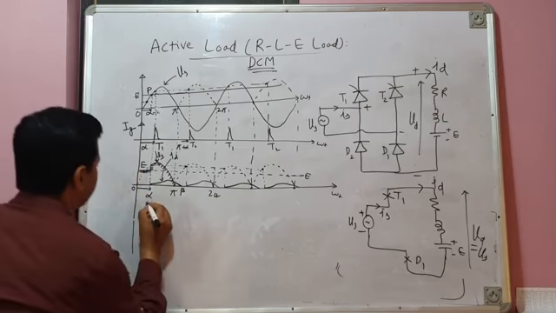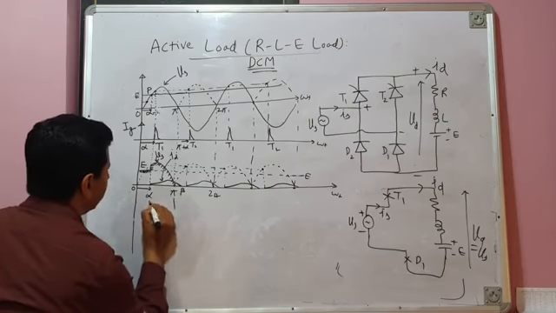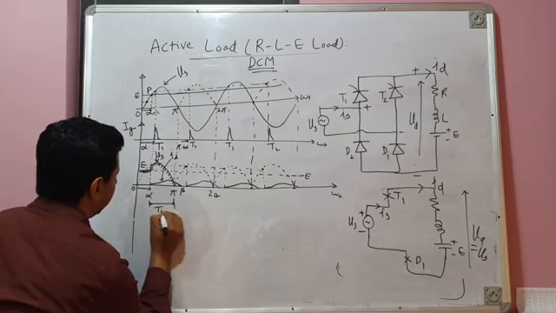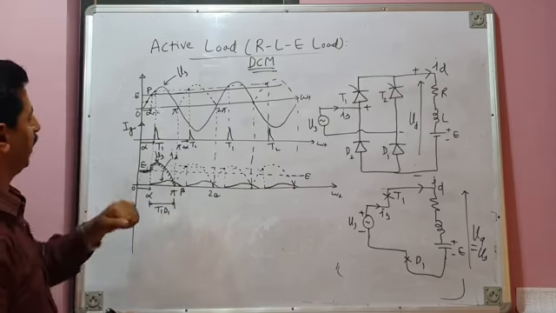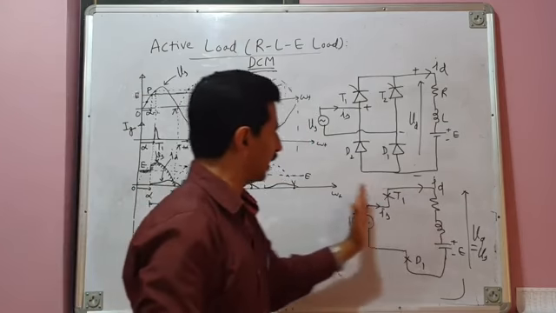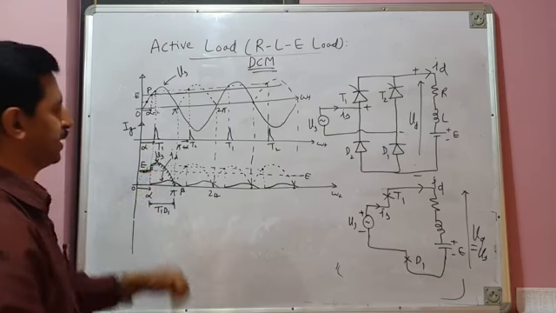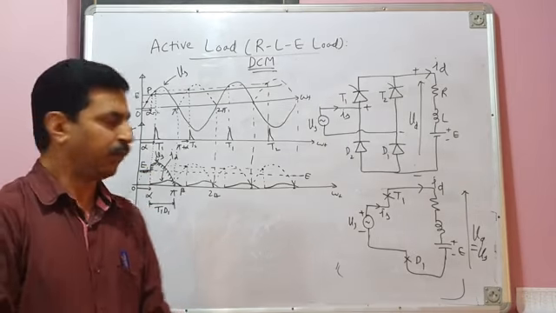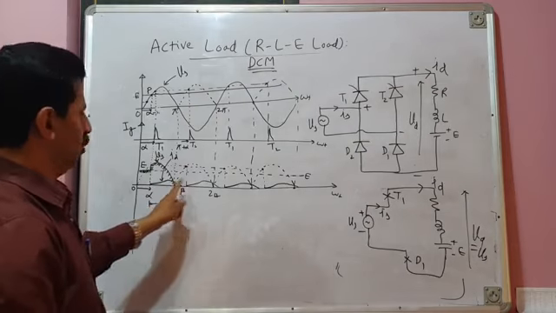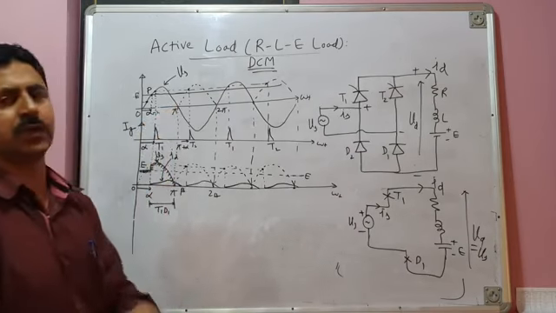From alpha to pi, what is the pair of devices which is conducting? T1 and D1. And when T1 and D1 are conducting, your load gets connected to source. The remaining segment of positive half cycle of source voltage gets applied across the load. Fine. At omega t equal to pi, your source voltage becomes 0, load voltage also becomes 0.